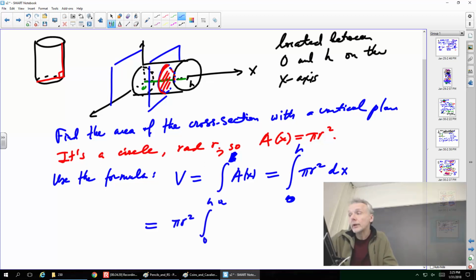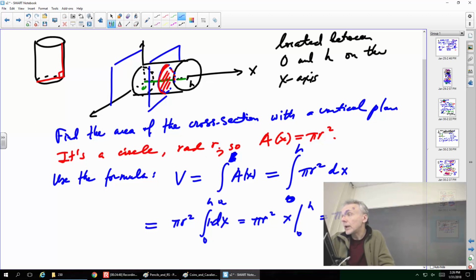Well, you don't throw out the integral altogether, right? So pi r squared, and what's the integral of dx? Integrate 1, you get x. So it's x from 0 to h, and that's how we get pi r squared h.